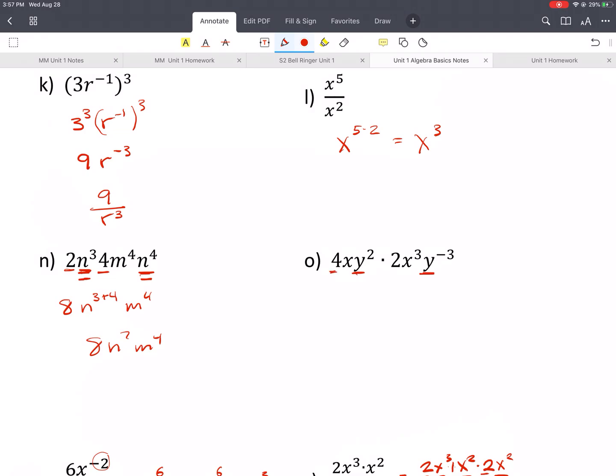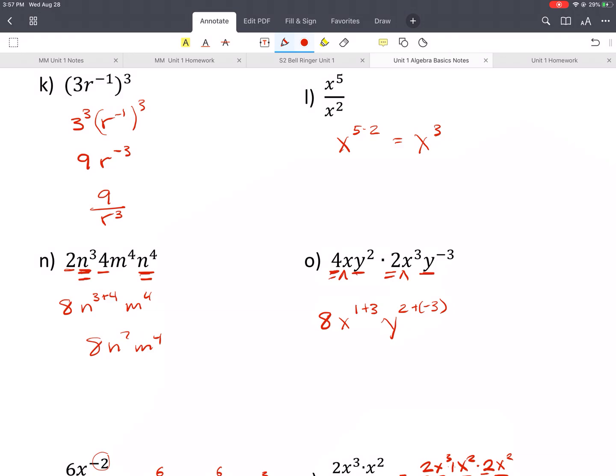So let's first multiply the numbers. That would give us 8. Then let's look at these x's. Since they're multiplied, we'll do x to the 1 plus 3, and then we'll do y to the 2 plus a negative 3.